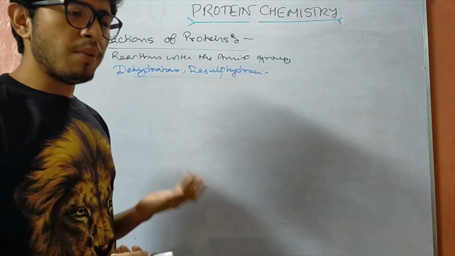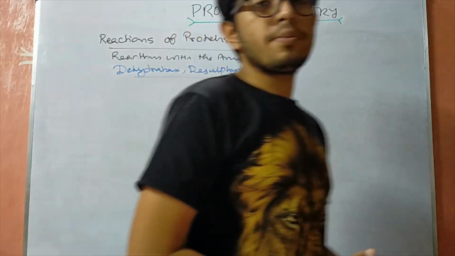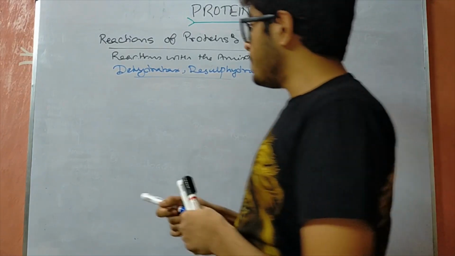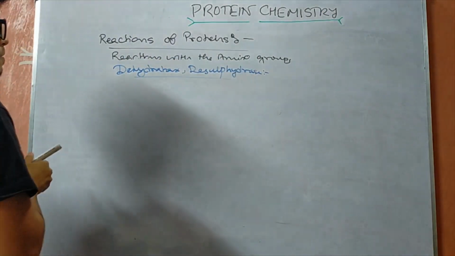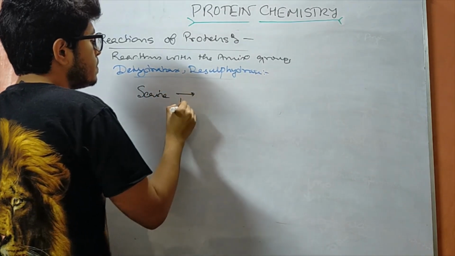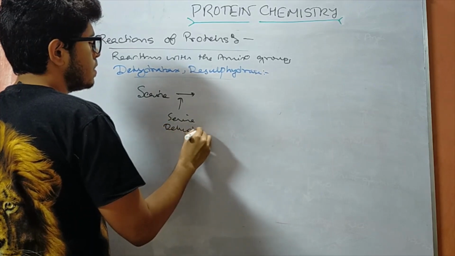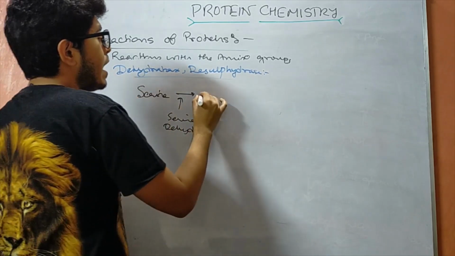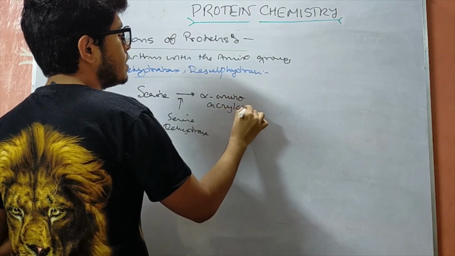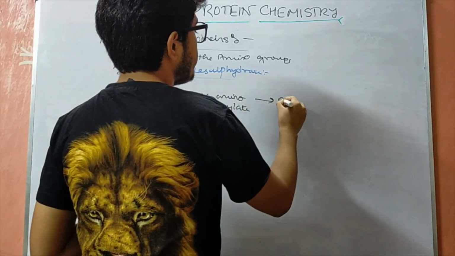The reactions are almost the same, where threonine is also converted to the corresponding keto acids, and serine, with the help of serine dehydratase, will lead to the formation of alpha-aminoacrylate, and then this will finally lead to the formation of pyruvate.